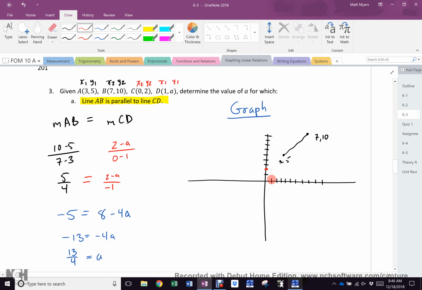How do I find 13/4? He waited patiently for 30 grade 10 students to tell him the value of 13/4.